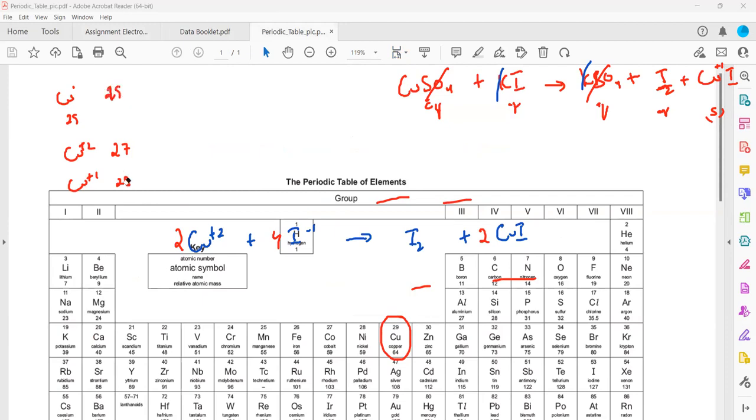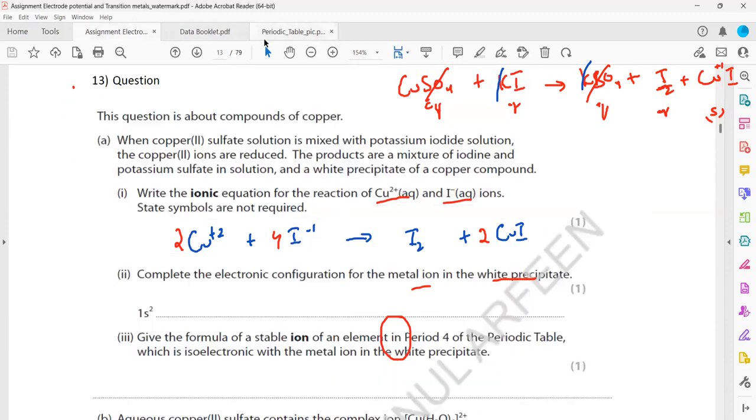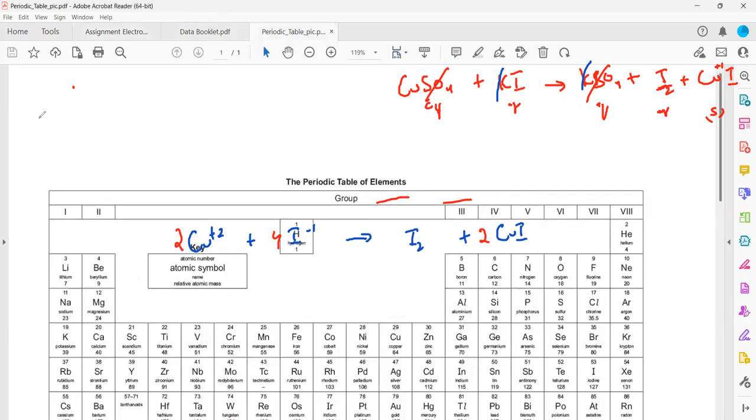So we have to write it for copper plus 1 because the metal ion is in the white precipitate. Why is it white? Copper(I) iodide is white because it does not have an incomplete d orbital. If I first write the electronic configuration for copper, which is 29: 1s2, 2s2, 2p6, 3s2, 3p6, then 4s2 and then 3d9.